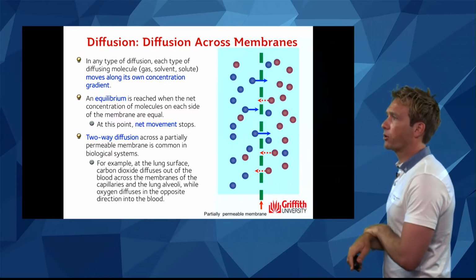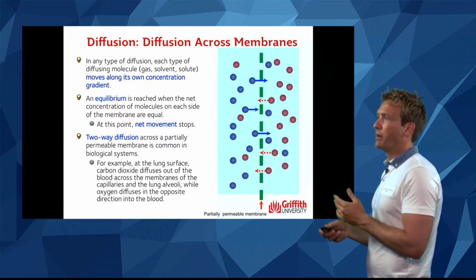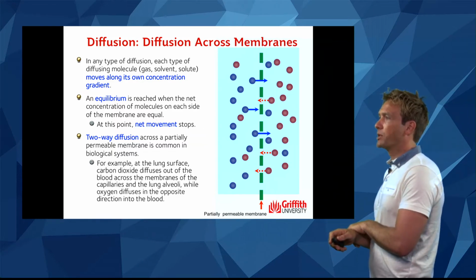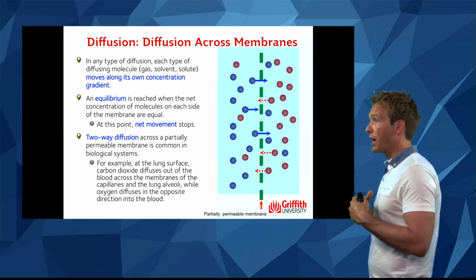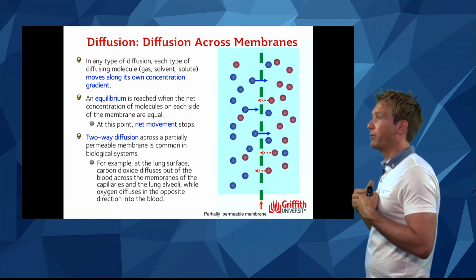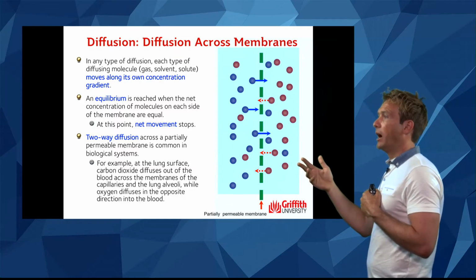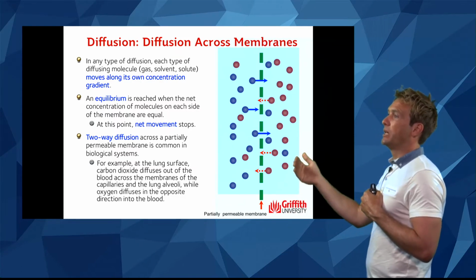Two-way diffusion across a partially permeable membrane is common in biological systems. For example, at the lung surface, carbon dioxide diffuses out of the blood across the membranes of the capillaries in the lungs and the alveoli, while oxygen diffuses in the opposite direction.